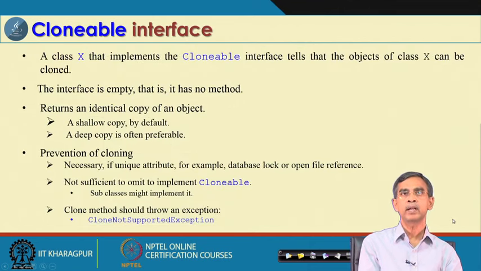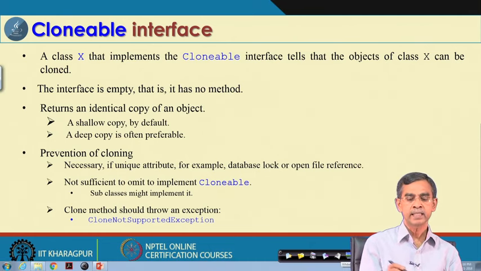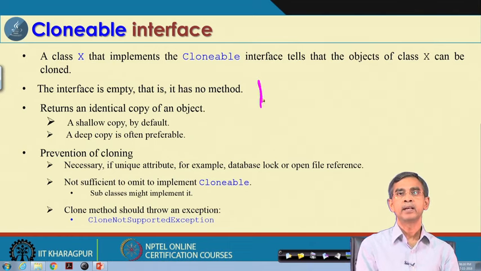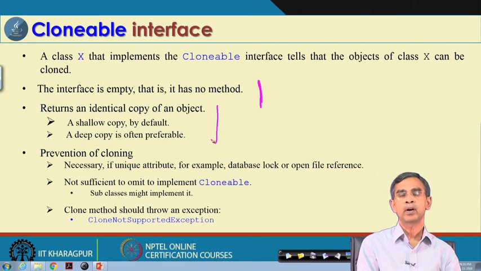Now, Cloneable is another interface, basically to implement a class which can create a copy of an object. Cloneable means it will make a copy of the object. As we see here, this interface is in fact new of its kind, it does not have any method, it is basically empty, and it helps us to have the copy of an object. The copy may be of two types, shallow copy and deep copy.